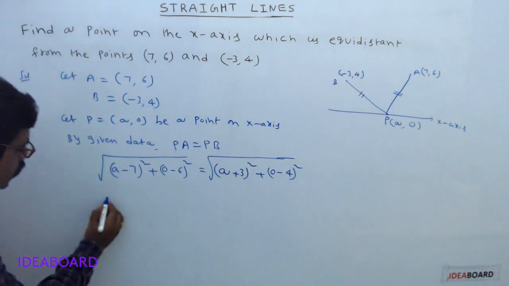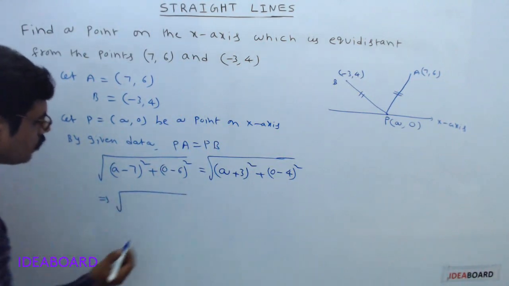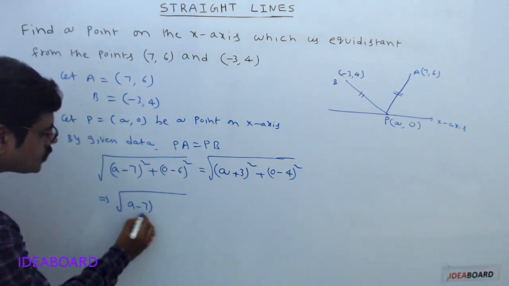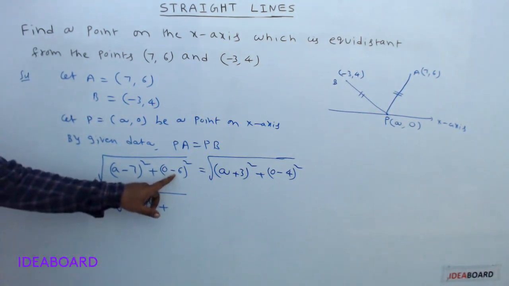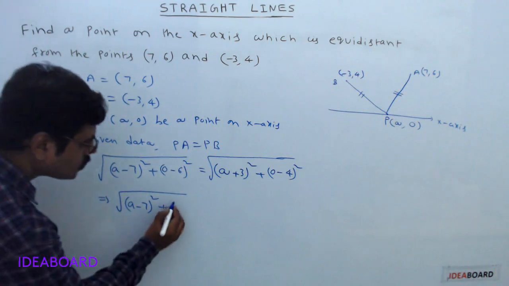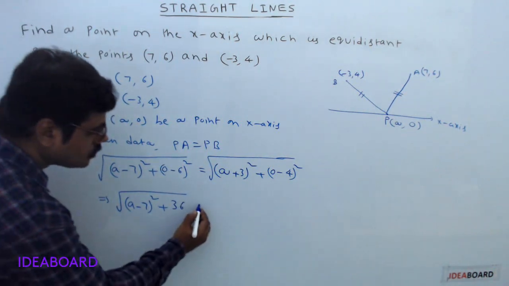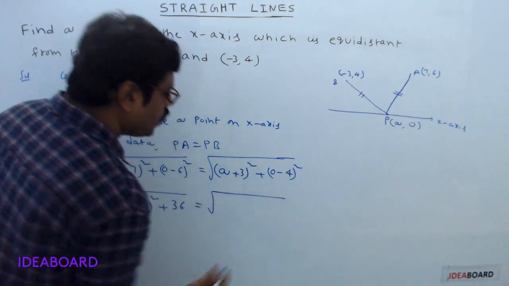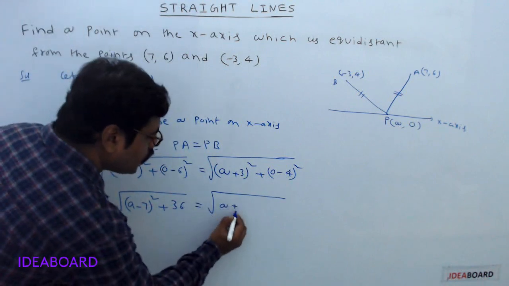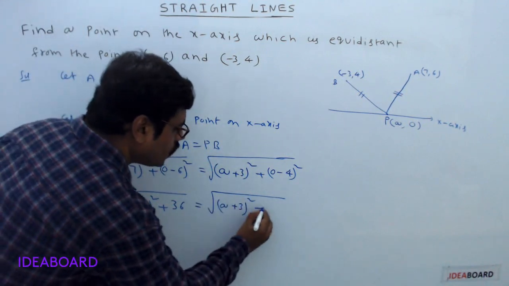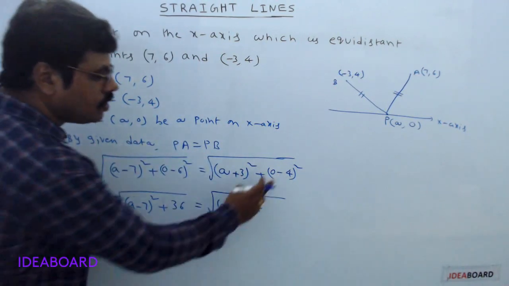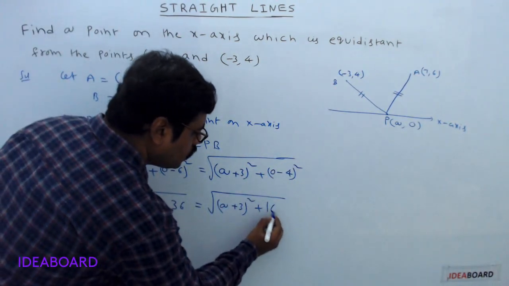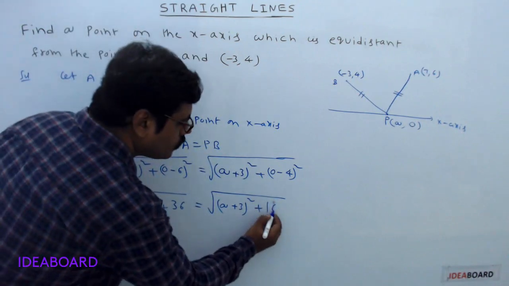Now do the simplification. It is square root of a minus 7 whole square plus 0 minus 6, that is minus 6 whole square is 36, equals square root of a plus 3 whole square plus 0 minus 4, minus 4 whole square is 16.